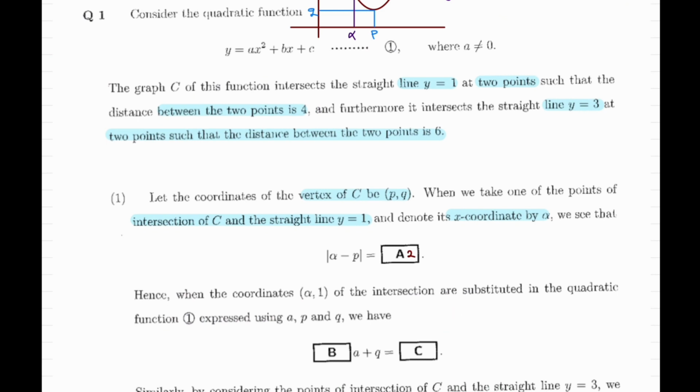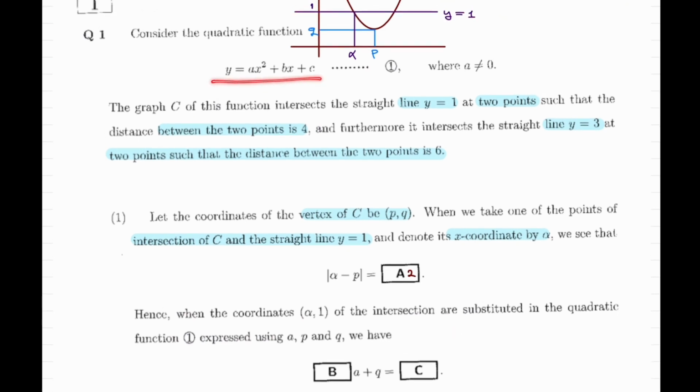So my goal here is to express my quadratic function in terms of a, p, and q. How to express it? First of all, we just need to substitute these coordinates into the quadratic function.